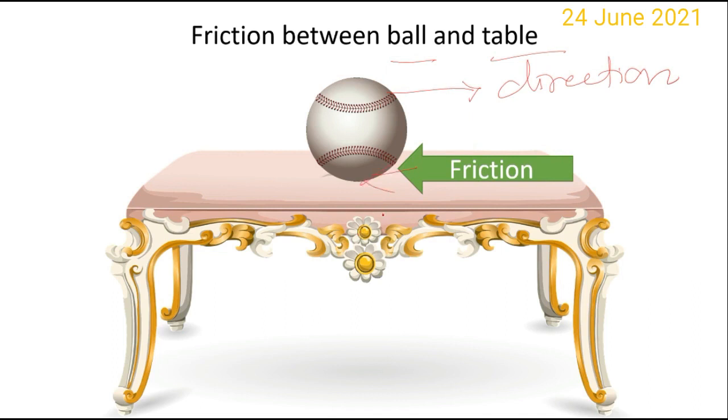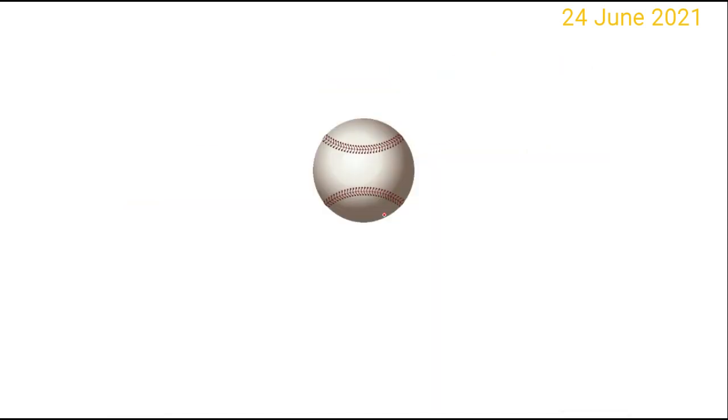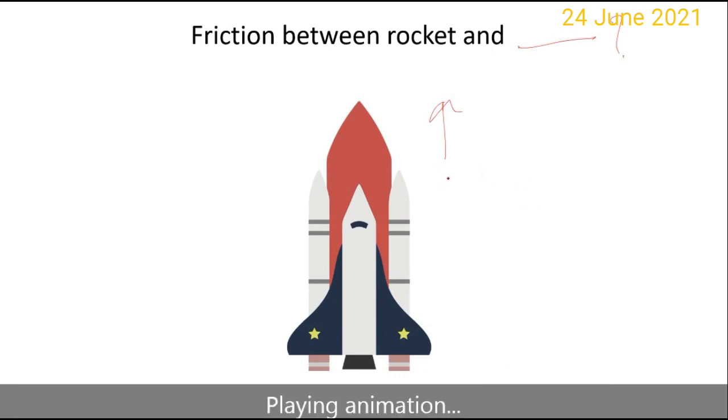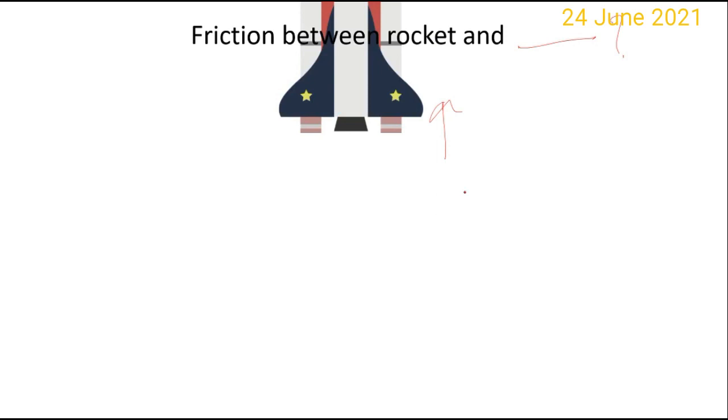Let's have one more illustration about launch of rocket. Now the question is, friction between rocket and what? So what happens when you launch this rocket? It rushes up, right? And when it was going up, it will be piercing the air around us.